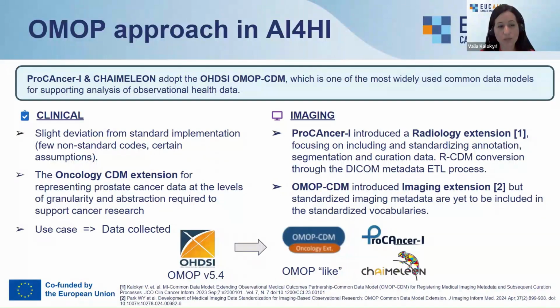Why was that? Because there was some information that was not standardized in the OMOP vocabularies, so they had to have some local codes. And in addition, certain assumptions had to be made regarding the model.